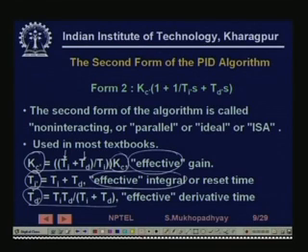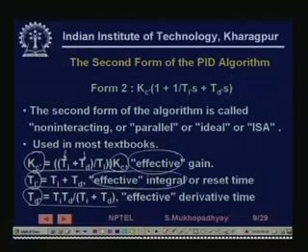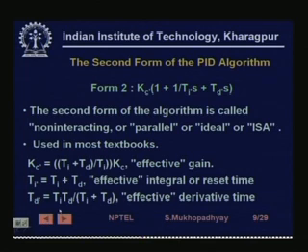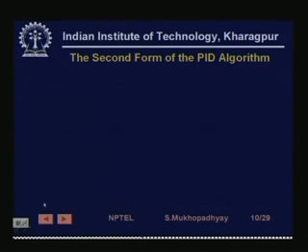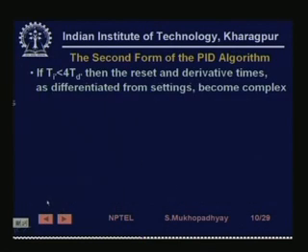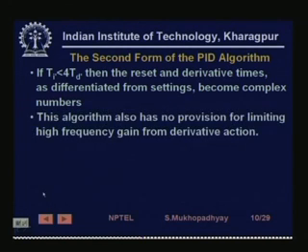Suppose you have read this equation and you are going to a controller which implements the first form, and if you set some values, then the actual values which will be realized will not be equal. So, that needs to be remembered. In fact, interestingly, sometimes you get absurd readings.